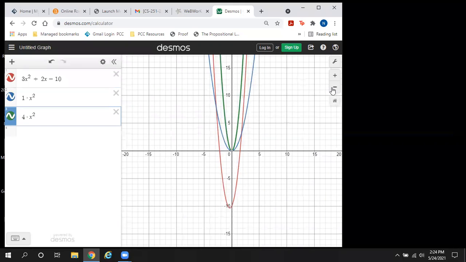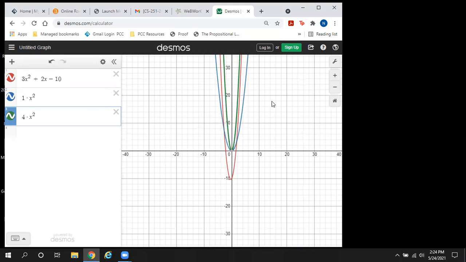Let me zoom out. So you can see what happens here, right? So I've got my red line, that's going to be f. Blue is going to be my g function with a coefficient of 1. That's the lower bound. The green line is going to be my g function with a coefficient of 4. You can see that my blue line is a lower bound on f. The green line is an upper bound on f.